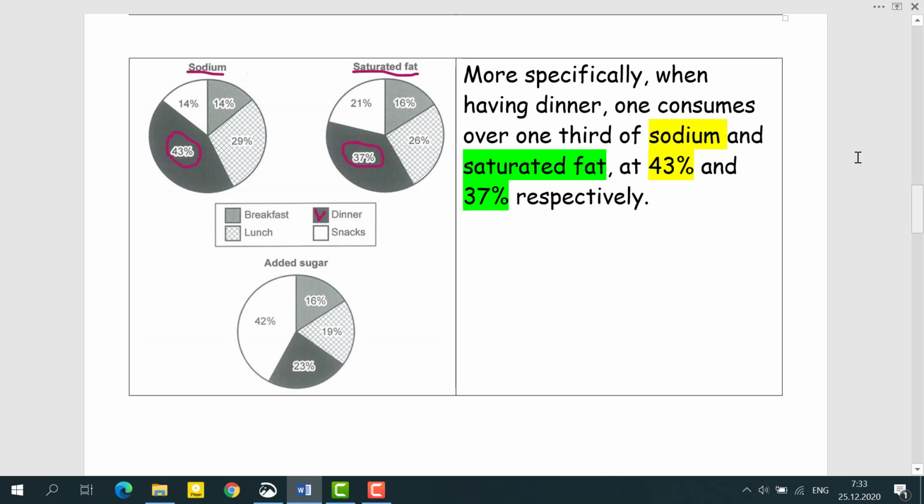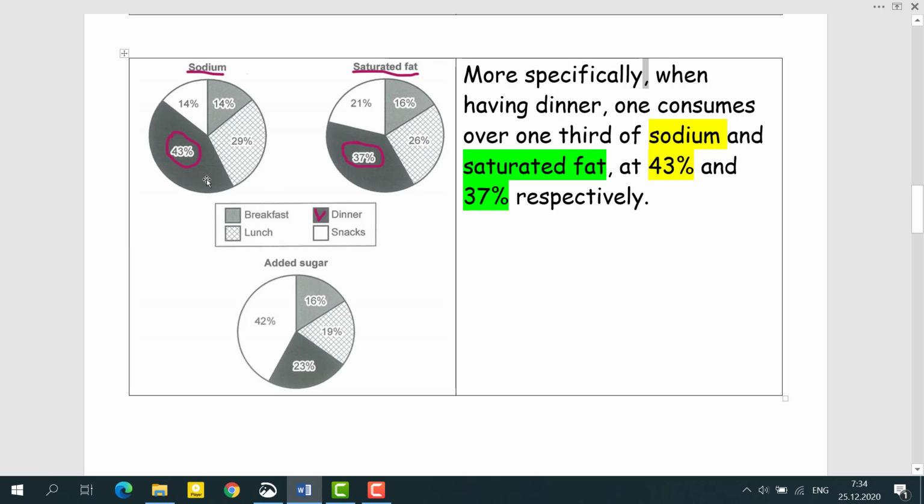So when you want to provide more specific details in your paragraph, you can reuse the phrase more specifically, followed by a comma. Make sure to have a comma here. When having dinner, so we are talking about dinner here. One consumes over 1/3 of sodium and saturated fat.